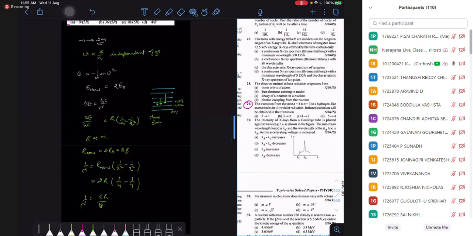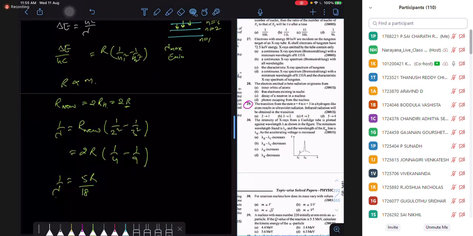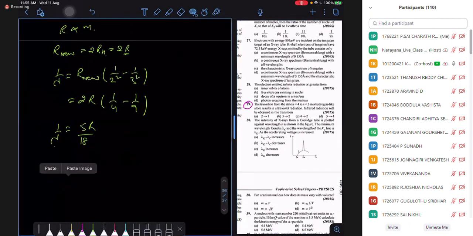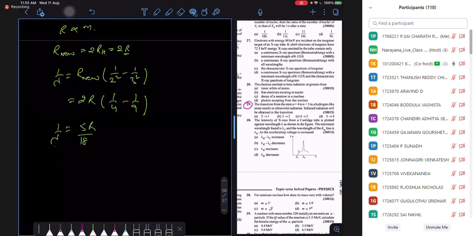This is question number 29, which is also a very simple, common idea based question.